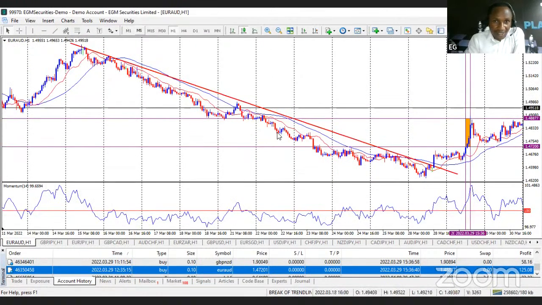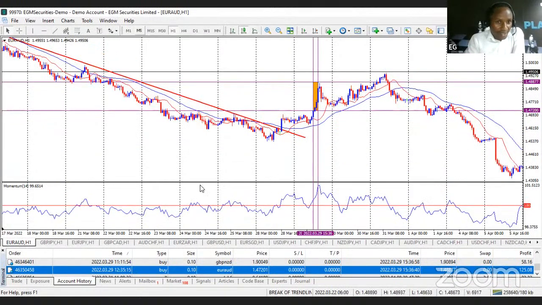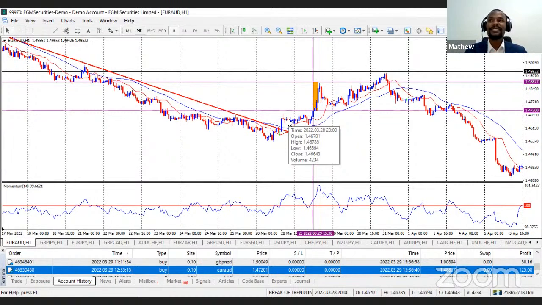So it's until I've gotten a structure, either a descending or an ascending trend line. Once I've gotten that, then I would be keen to see when the break happens. So basically, there is no one currency pair or one financial instrument that this is based on. Because on any financial instrument, you have a break of a trend, uptrend or downtrend, and there's a point where everything is changing.